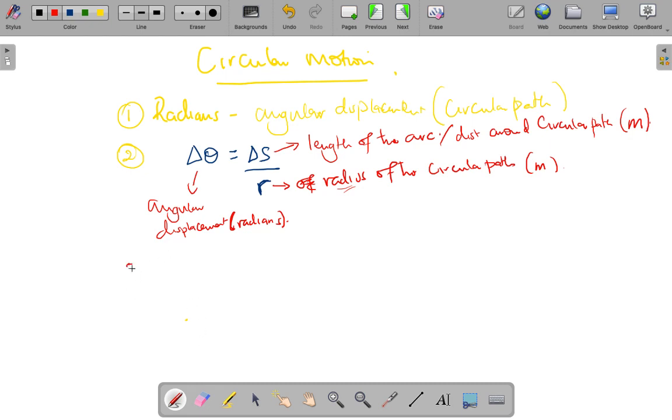Now another note is that radians are written in terms of pi. Pi as in the one you see on a calculator.